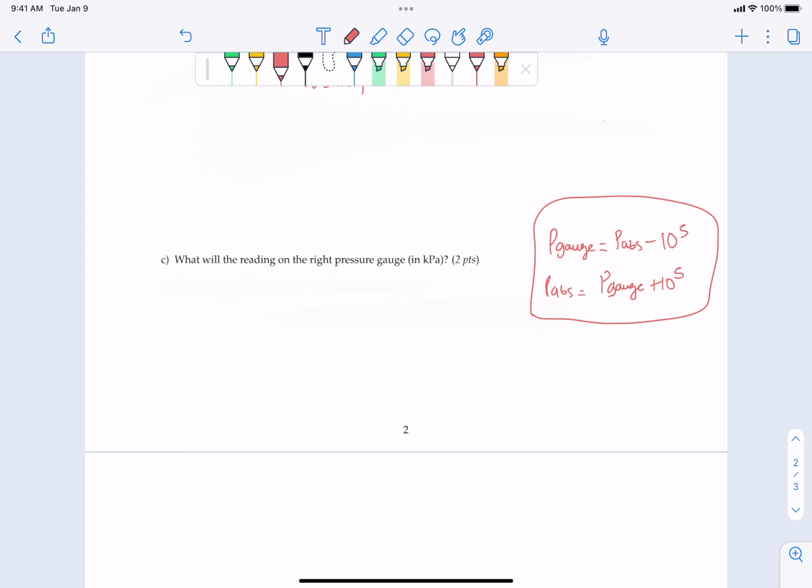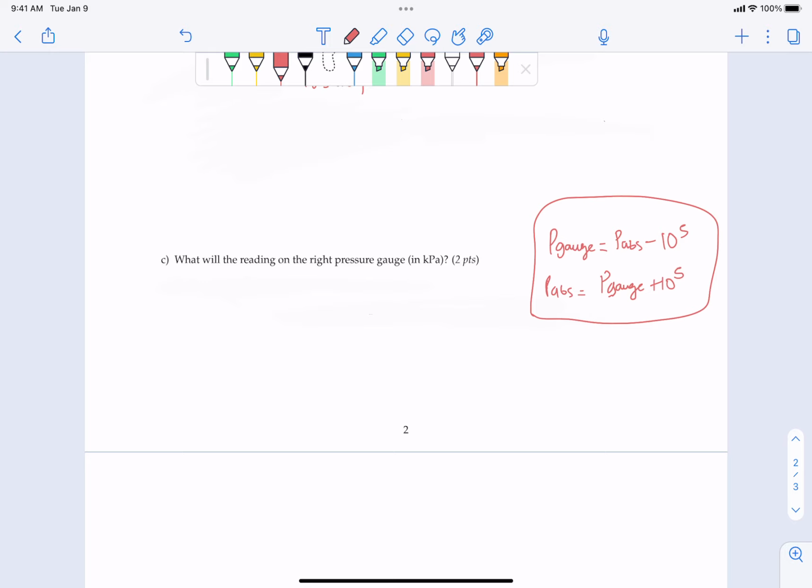I mean, they're not on the equation sheet, so I wouldn't call them equations per se, nor were they stated as a definite equation in the slides, but basically it's a relationship that you should be aware of, that to get your gauge pressure you take your absolute minus 10 to the fifth, and to get your absolute you take your gauge pressure plus 10 to the fifth.